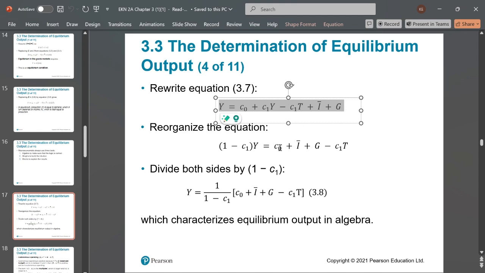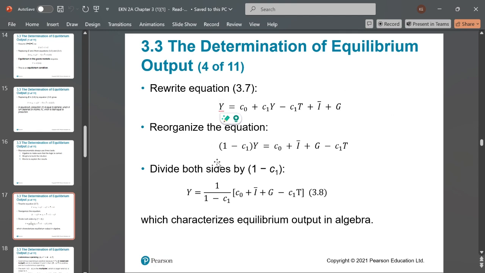Now when you reorganize, remember that we've got a Y on the left and on the right. Basic math says the same terms should go to the same side. So you're going to transpose this, and you're going to have Y minus C1Y equals C0 minus C1T, and so on.